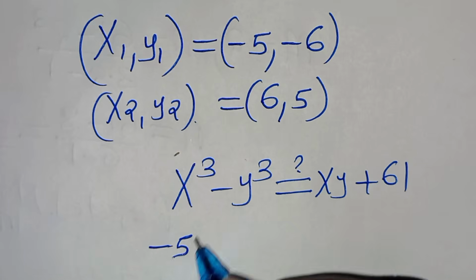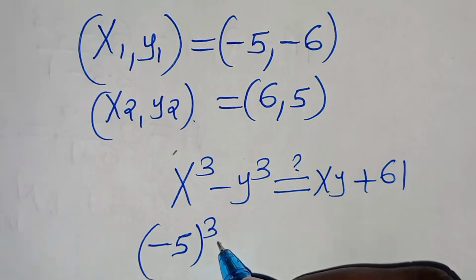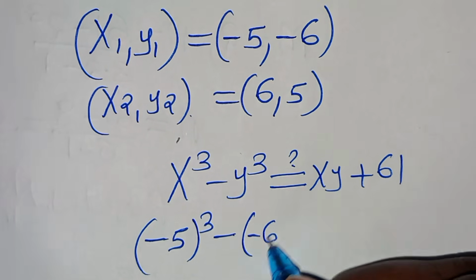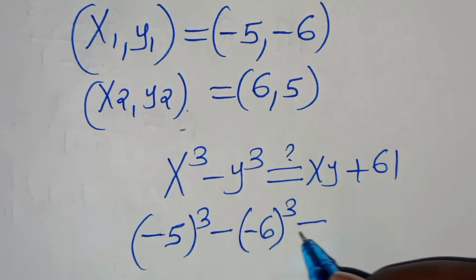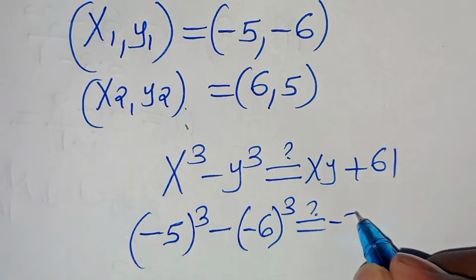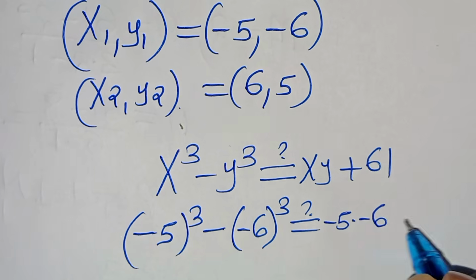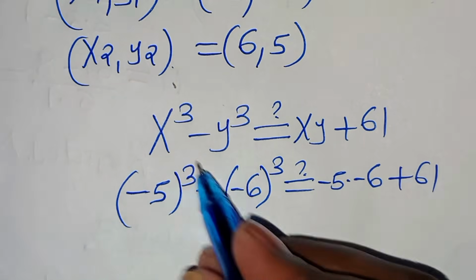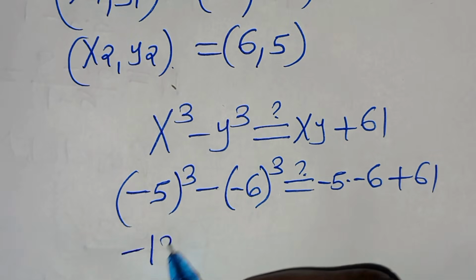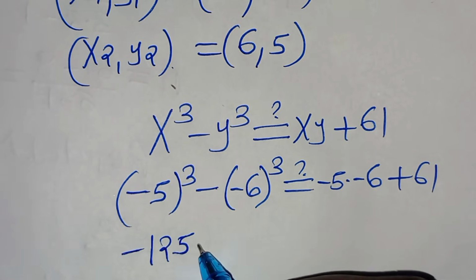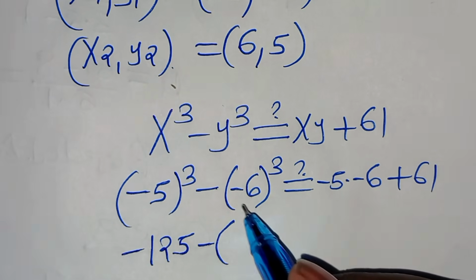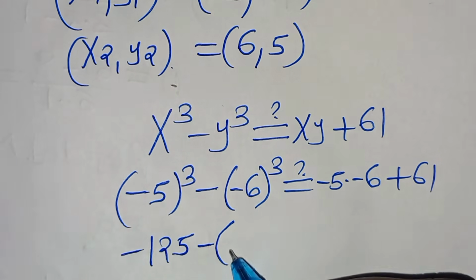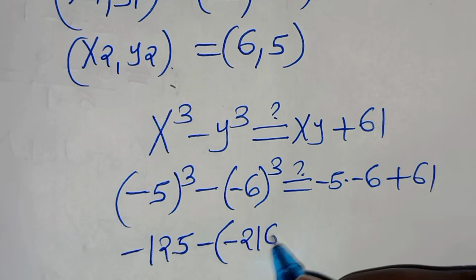So this is minus 5 raised to the power of 3 minus minus 6 to the power of 3, which should be equal to negative 5 times negative 6 plus 61. Minus 5 to the power of 3 is negative 125, subtract minus 6 to the power of 3, which is negative 216.